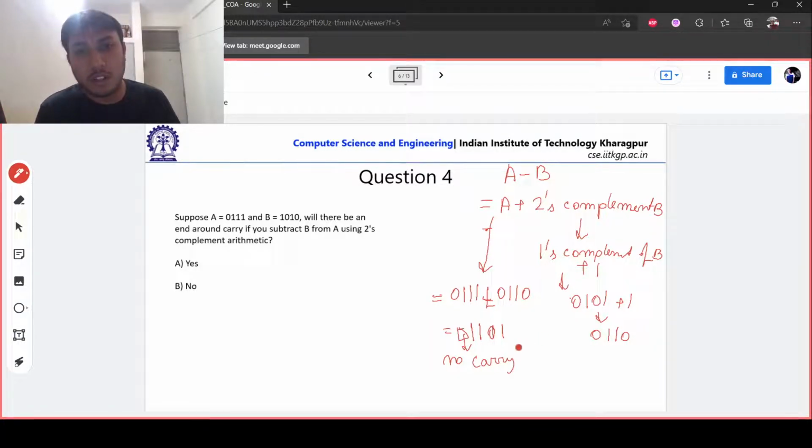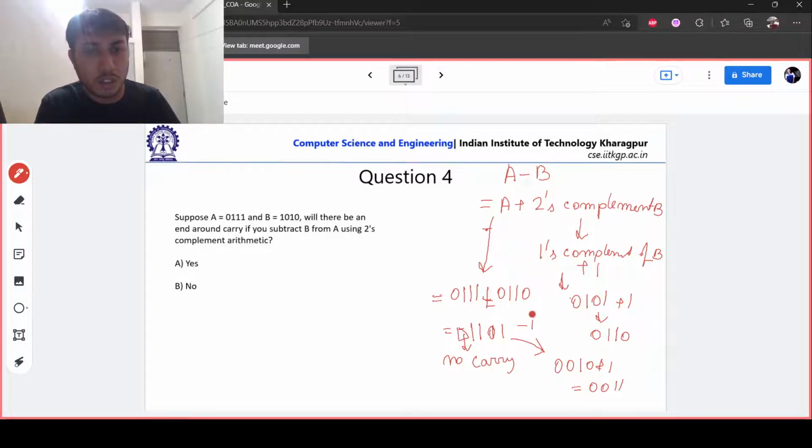Also note this is a negative number, so if you want to find the 2's complement of this, it will be 0 0 1 0 plus 1, which is 0 0 1 1.